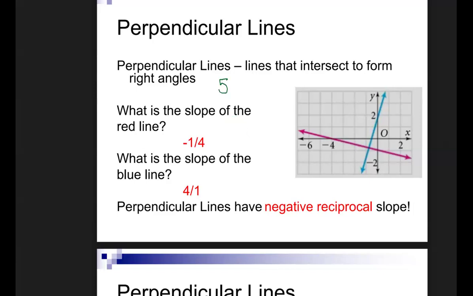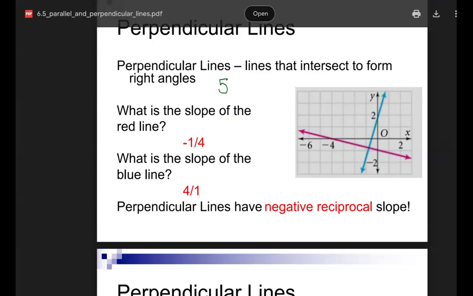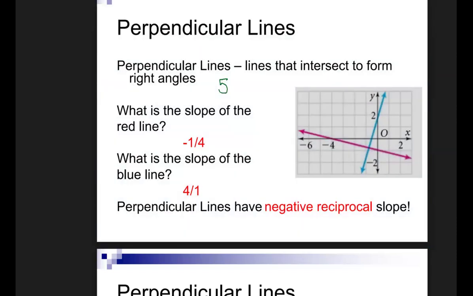Yusuf. What is the negative reciprocal of 5? It's going to be minus 1 divided by 5. That is the negative reciprocal.